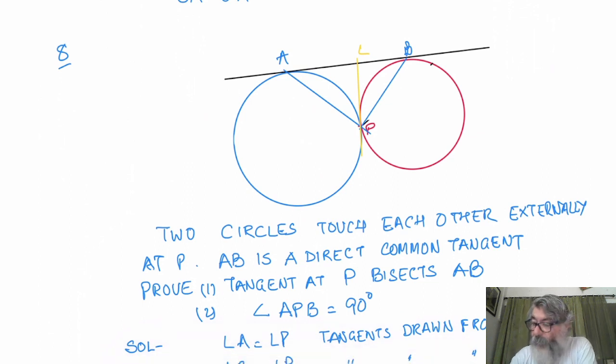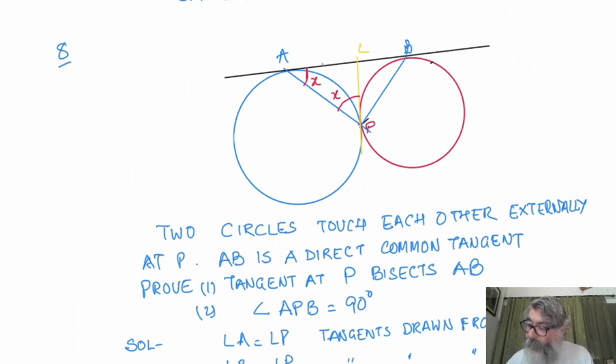First thing, if you look at the bigger circle, I would say angle LAP and this angle will be X, say X. Why? Because LA is equal to LP. If two sides of a triangle are equal, then the angles opposite to them are also equal.